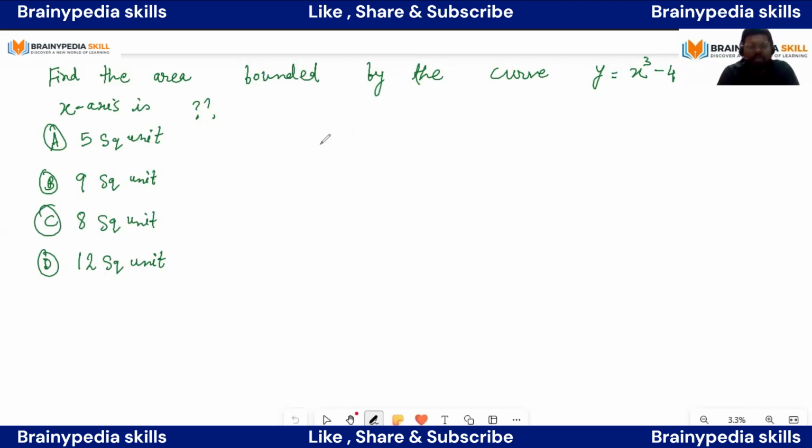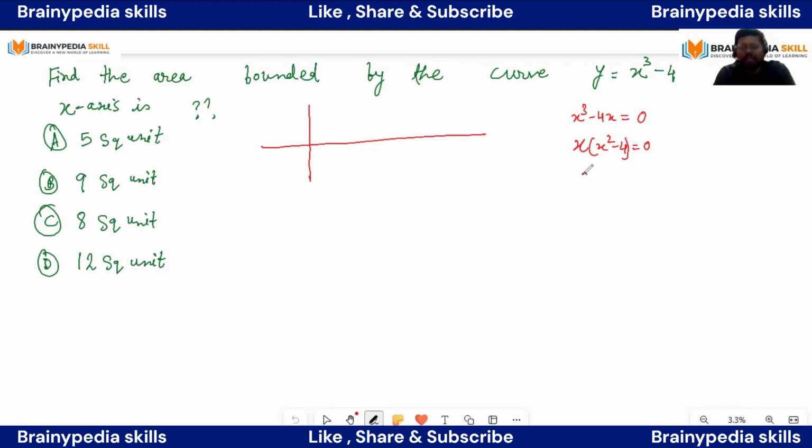So first of all, you need to draw the graph, isn't it? So what should be the zeros of this curve? If I want to find the zeros, what will I do? Equate with 0. So x times x square minus 4 equals 0.